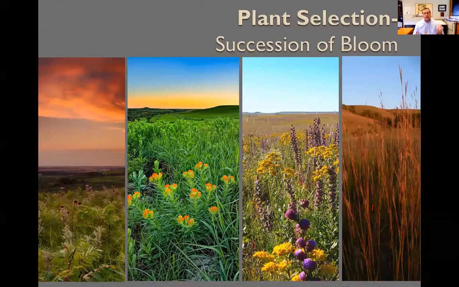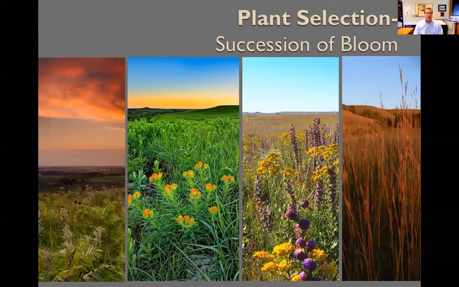But how this plays out in a garden design and how I think about it within a garden design is not grouping plants together right next to each other that bloom at the same time. For example, if I had penstemon and evening primrose, both of those bloom in the springtime, I would want to space those out, put those at different places within the garden, and maybe surround those plants with a summer bloomer or a fall bloomer or some kind of native grass, so that when it's done blooming, you don't have a larger void within your design.